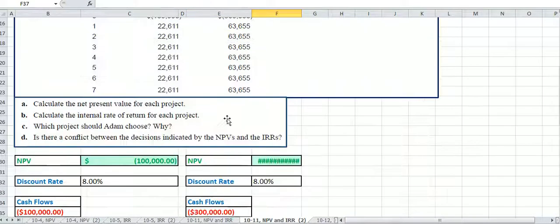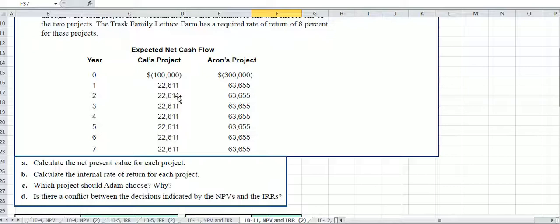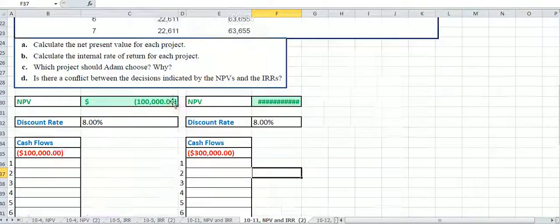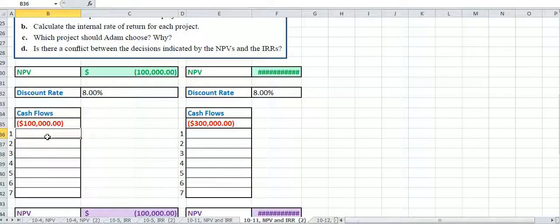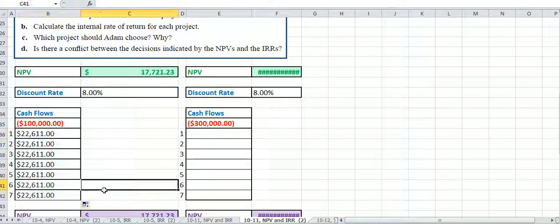Now the cash flows for the 7 years for Kyle is going to be $22,611. I'm just going to do this quick, and bring it all the way down.